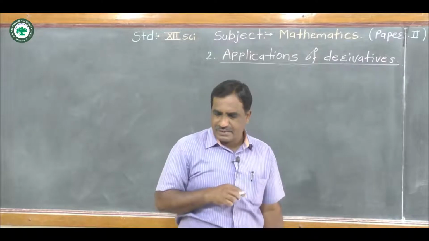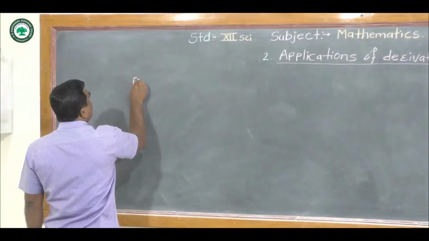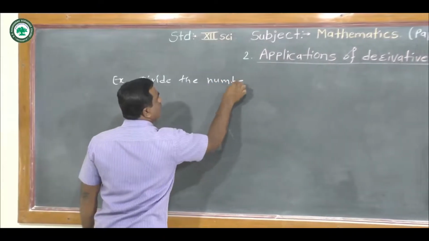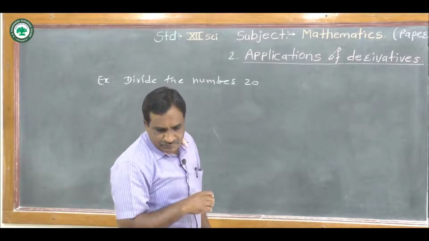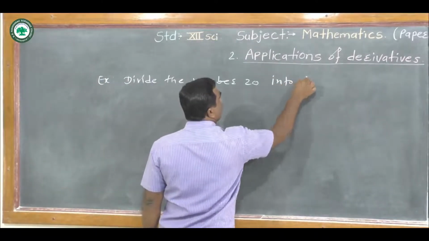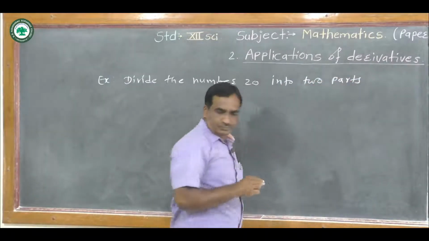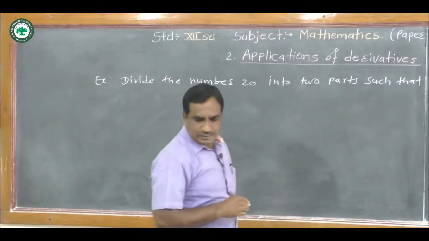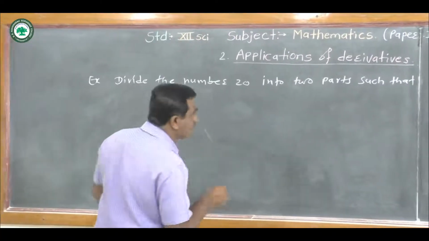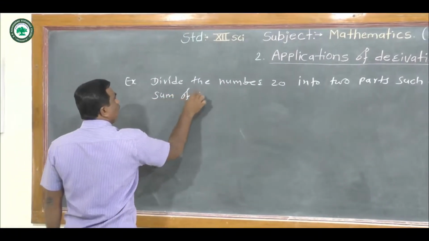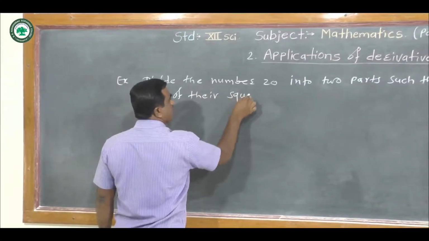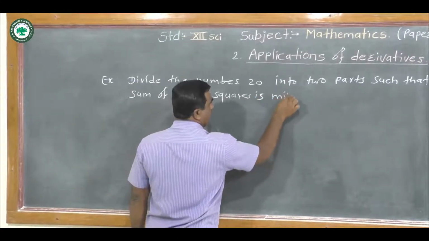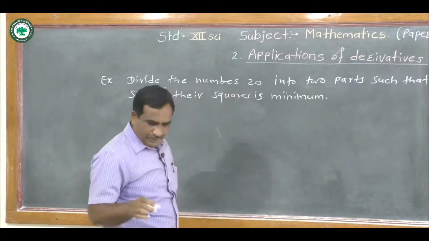Now we see the example: divide the number 20 into two parts such that the sum of their squares is minimum.